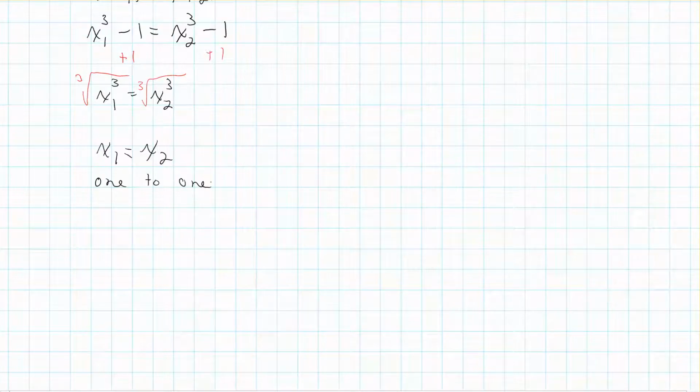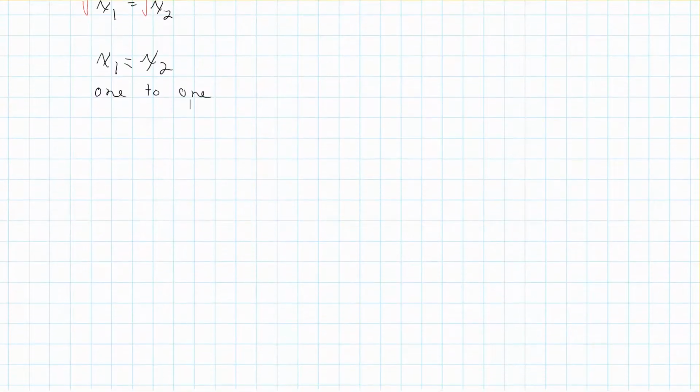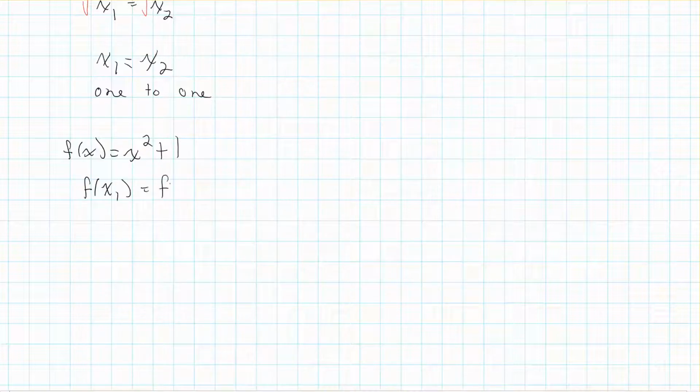Now to illustrate this for something that's not 1-to-1, we know parabolas aren't, so let's look at this. f at x is equal to x squared plus 1. Well, then we'd say, just like we did before, f at x1 equals f at x2, and that's saying x1 squared plus 1 is equal to x2 squared plus 1. Now, again, solve for x.